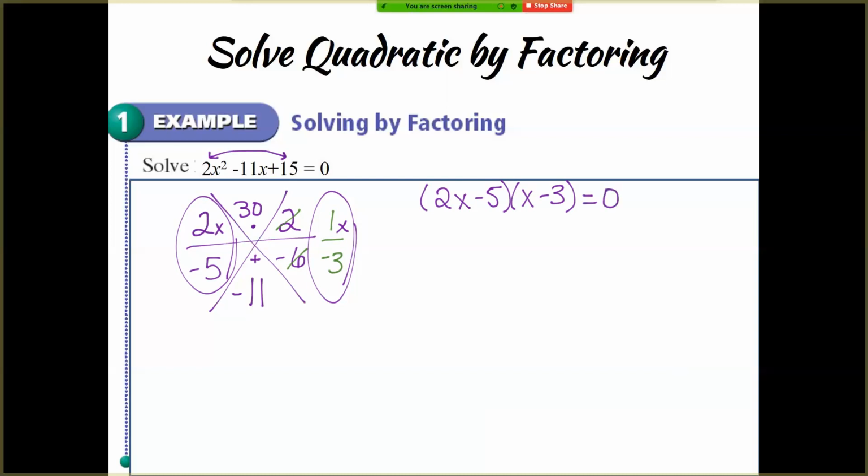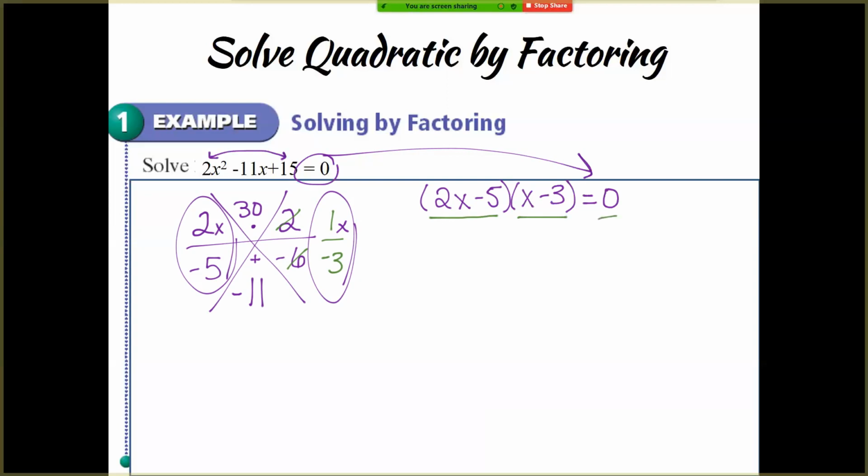So the equals 0 just gets brought down from over here. We just took the 2x squared minus 11x plus 15 and we wrote it differently. We factored it. I promise if you take these 2 sets of parentheses and you multiply them back together, you'll end up with the original. So now we're going to use that 0 product property. We have one set of parentheses being multiplied by another set of parentheses, and it equals 0.